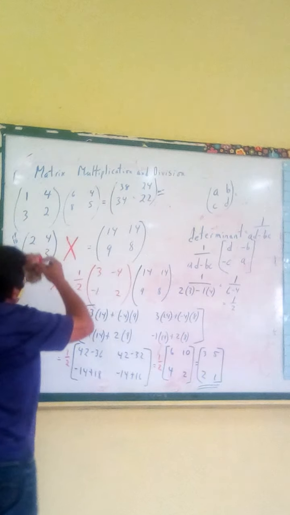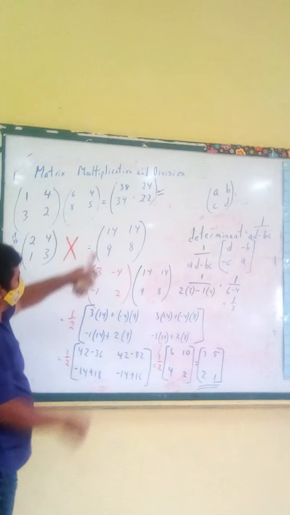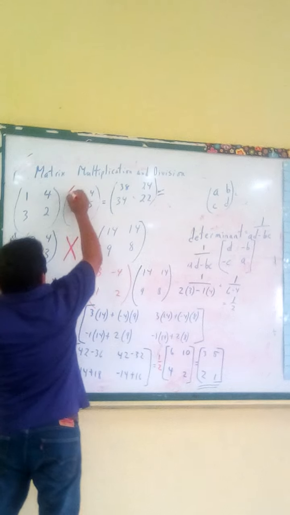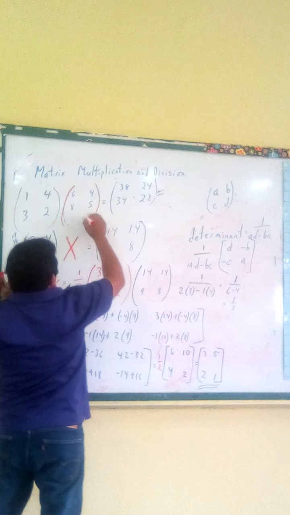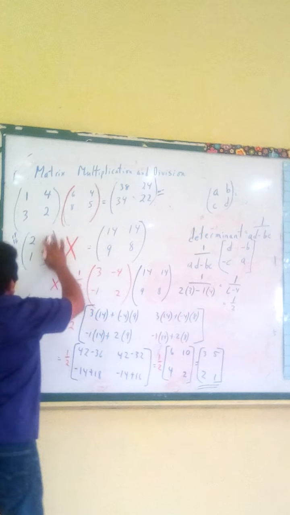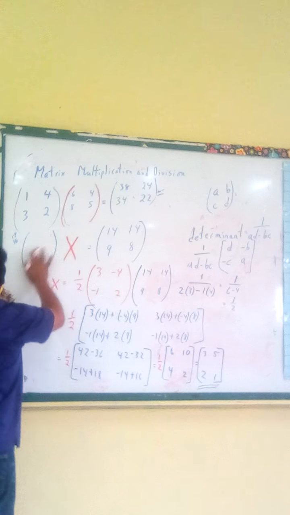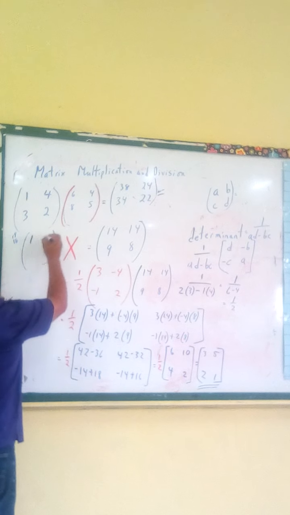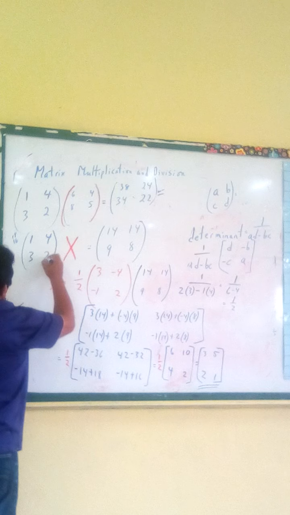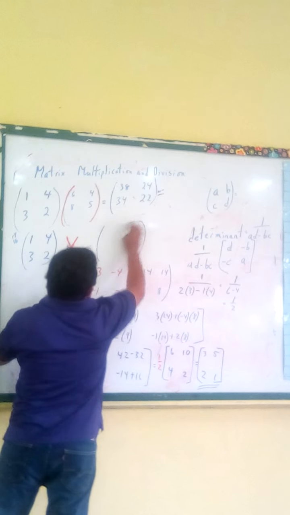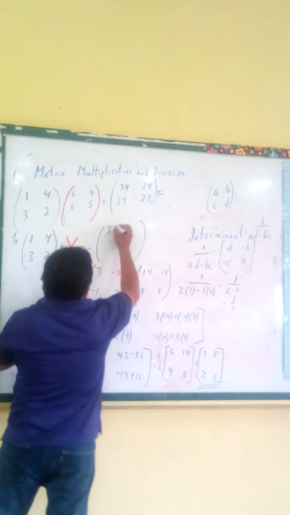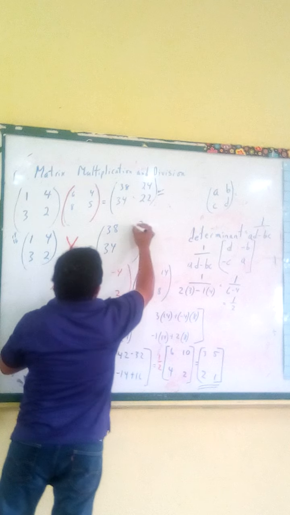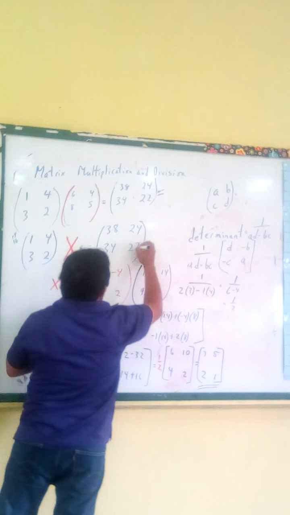So let's cover this matrix here. Imagine this matrix is not here. Forget about this matrix. The actual matrix that we are looking for now is 1, 4, 3, 2, and we end up with a solution of 38, 34, 24, and 22.